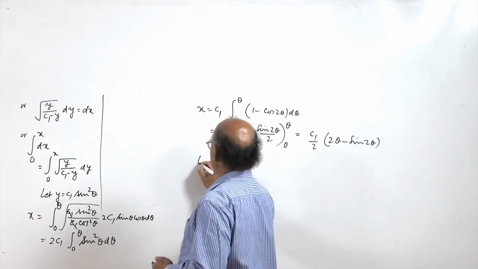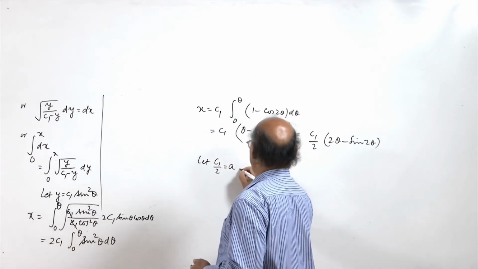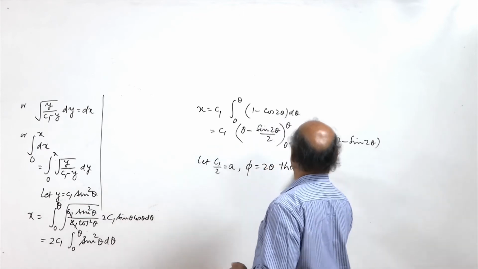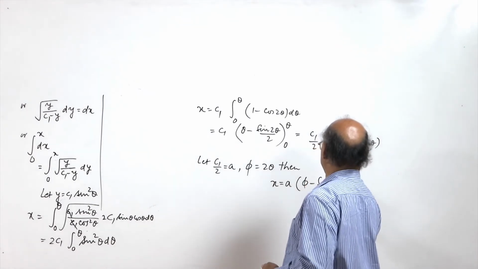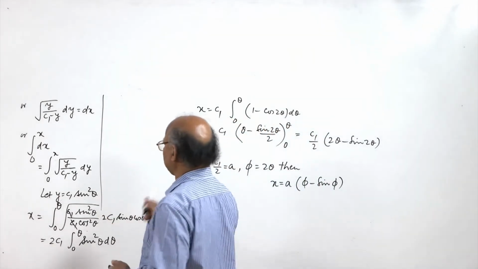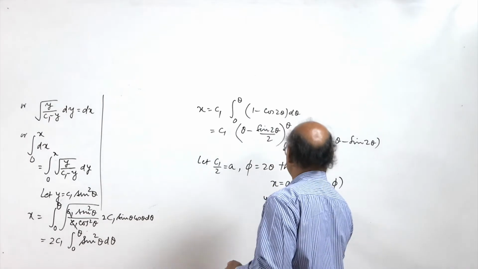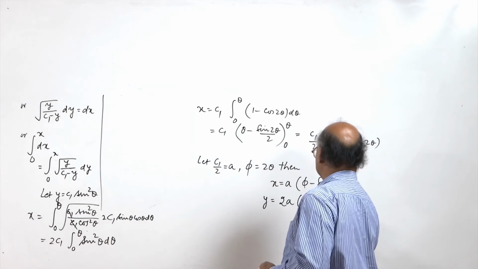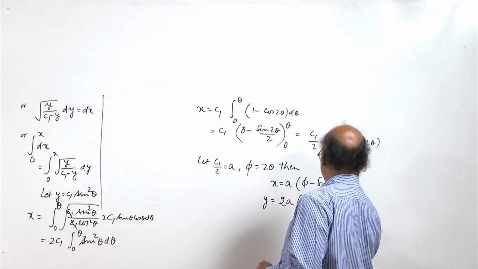Now let us say c1 by 2 equals a and phi equals 2 theta, then x is equal to a times (phi minus sin phi), and y is equal to c1 sin square theta. So c1 is equal to 2a, and sin square theta is (1 minus cos 2 theta) divided by 2.